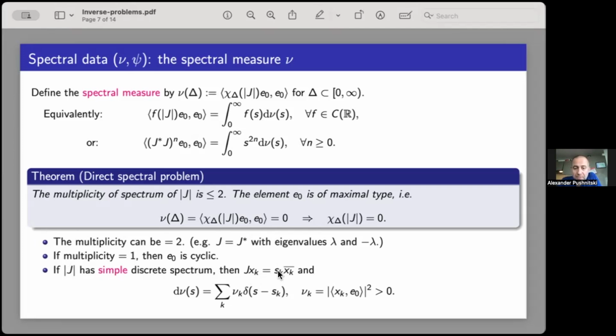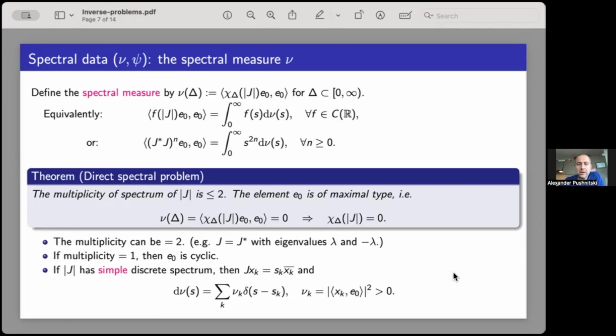If s_k are the singular values of J, in other words, the eigenvalues of mod J, then you have this eigenvalue equation, but with a complex conjugation on the right-hand side. And your measure nu is again a point measure, supported on the singular values s_k, and the coefficients will be the zeroth coordinates of the corresponding vectors.